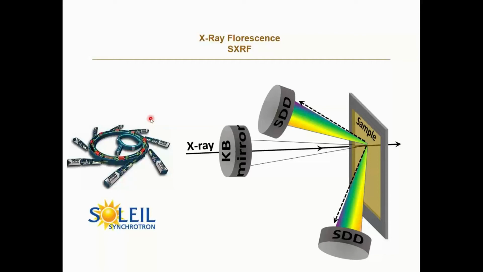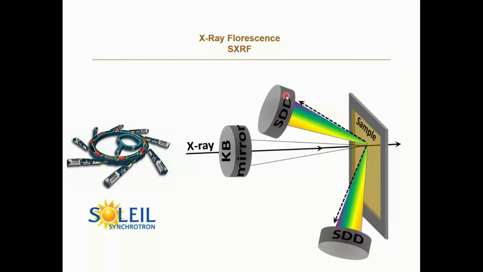The X-ray fluorescence measurements were done at Synchrotron Soleil at the beamline Nanoscopium, and this beamline allows us to study elemental distribution in the sample. The setup of the beamline is the following: the X-ray beam comes through the sample.